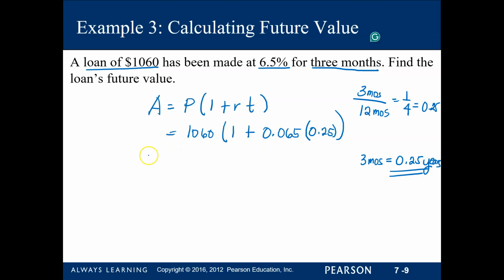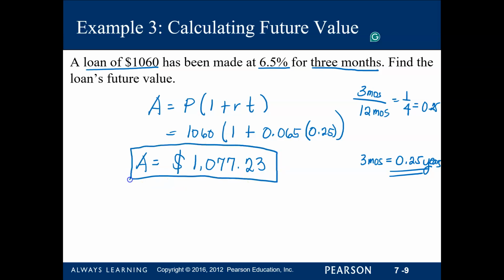handheld calculator, and you will find that the future value is going to be around 1,077, and, well, we're talking about money, so we always round to 2 decimal places. So it's around 1,077 and 23 cents. So that is the future value.